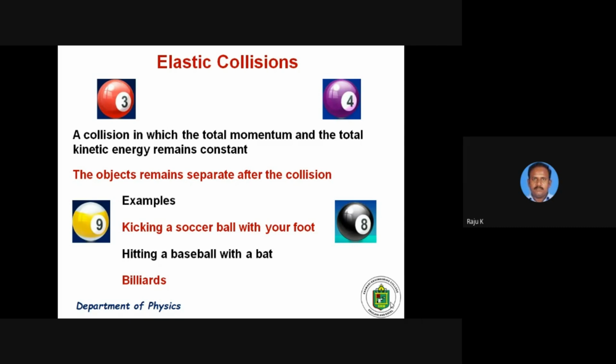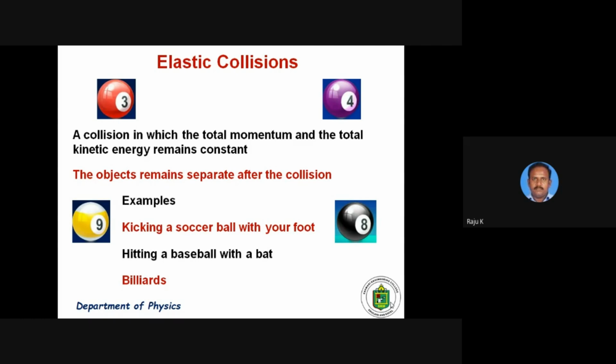For example, kicking a soccer ball with your foot. When a soccer ball is hit with your foot, the foot and the ball have a collision. The total momentum and the total kinetic energy before the collision are the same as after the collision. After the collision, the soccer ball will move away.